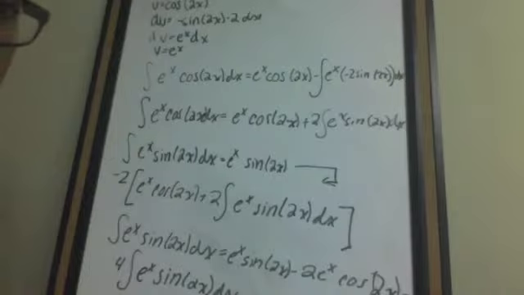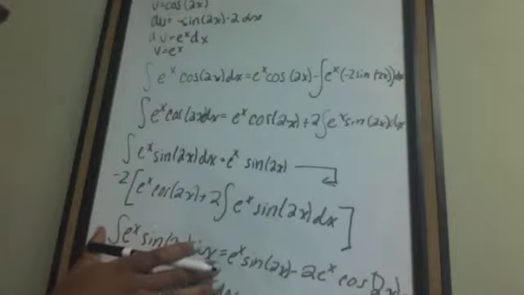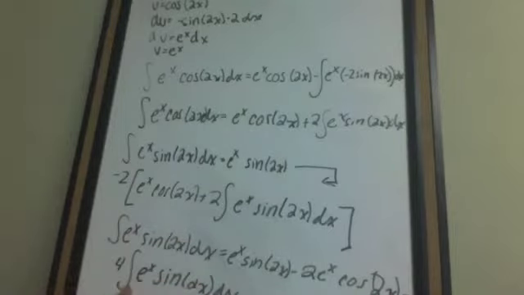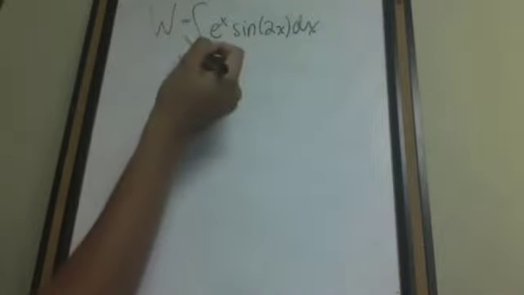And so now we're using the equation for an I. We're taking this equation and setting it equal to a variable, so we can work better because this line is the same as this line. Okay, so I've set the integral of e to the x sine 2x dx to an unknown variable.